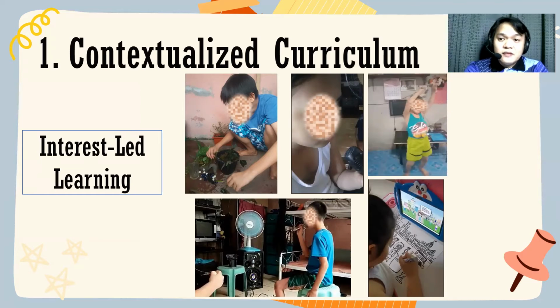Interest-led learning objectives can be a goal for independent living, for leisure activities, or can be income generating for the family. As long as the activity of interest is upskilling the child's ability, then it is good for them.